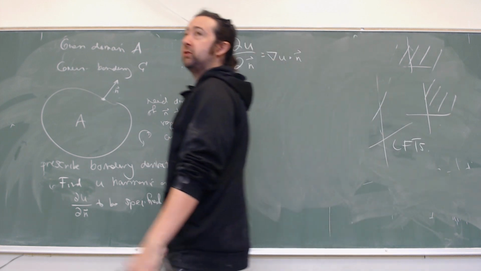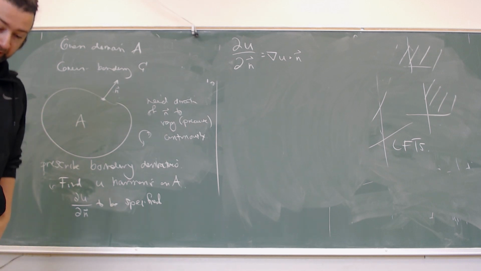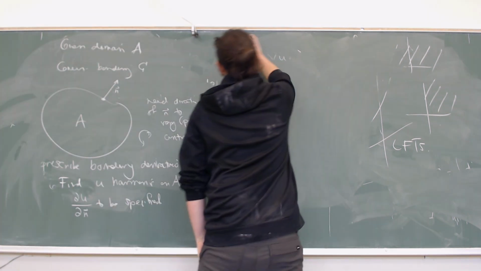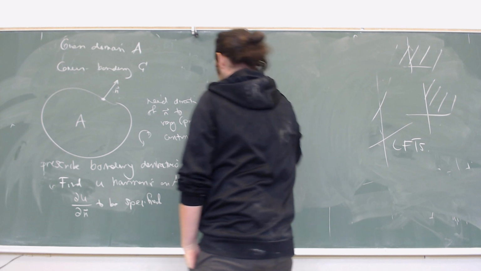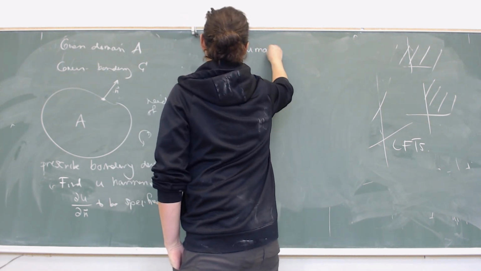So it's a scalar function, right? I give you a scalar function that describes the magnitude of the derivatives in the normal direction. Okay, so that is called a Neumann problem instead, and they're kind of annoying. So this is the Neumann problem.